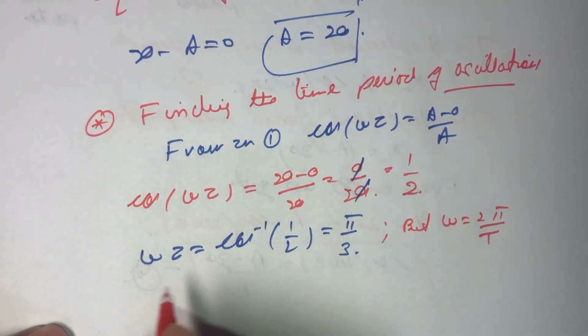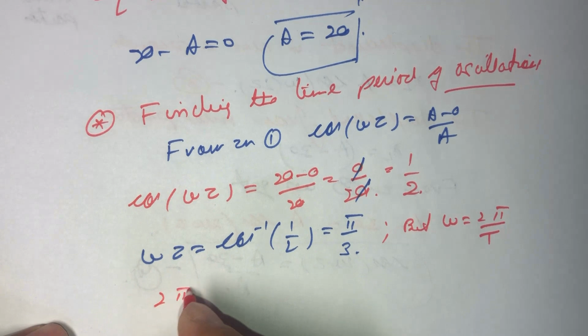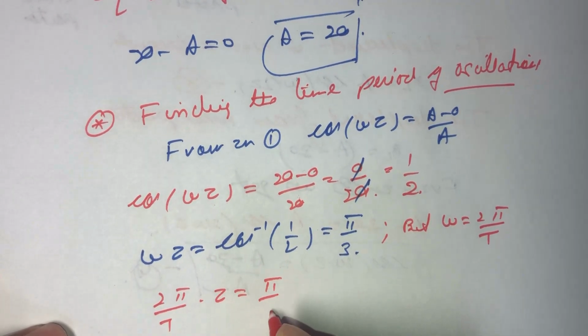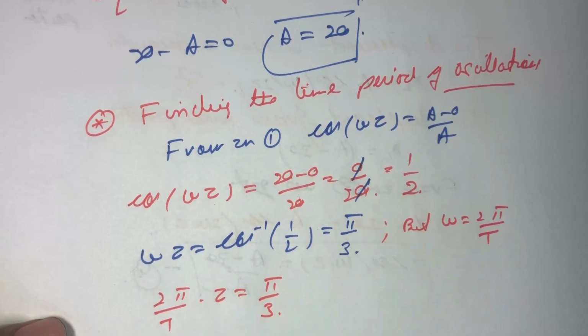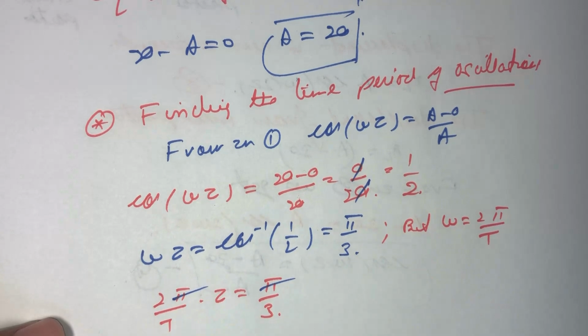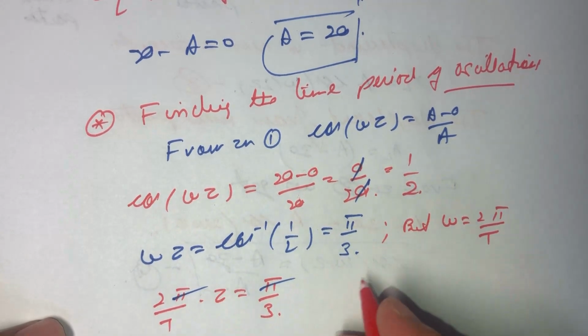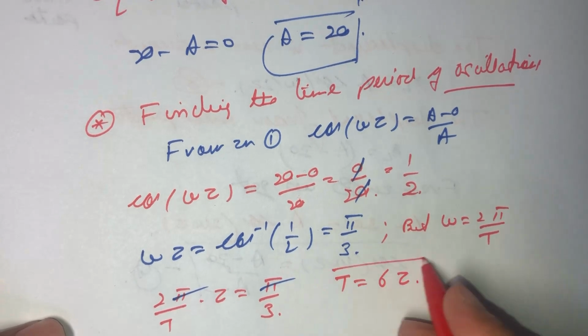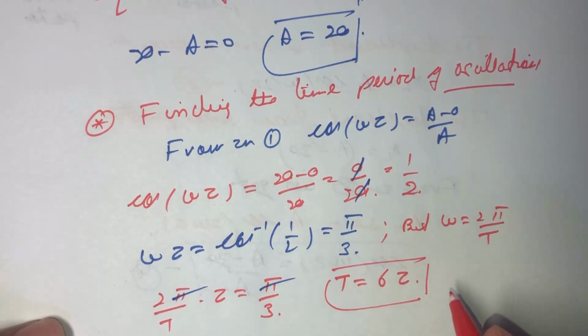So substituting here, we get 2 pi upon capital T multiplied by tau is equal to pi by 3, and pi goes away, so we get T is equal to 6 tau. So this is our time period of oscillation.